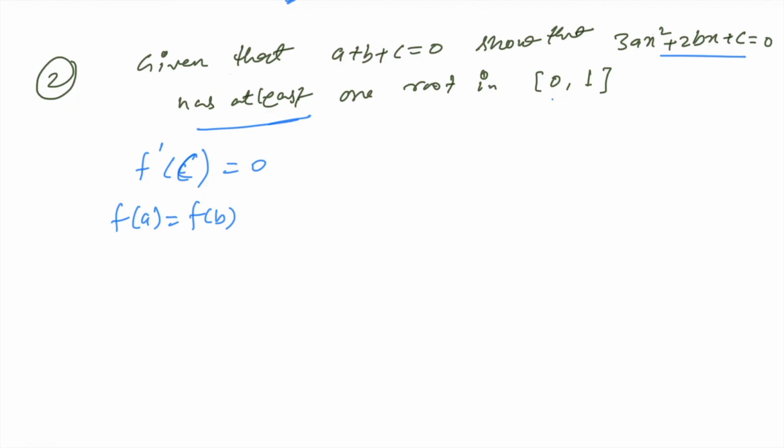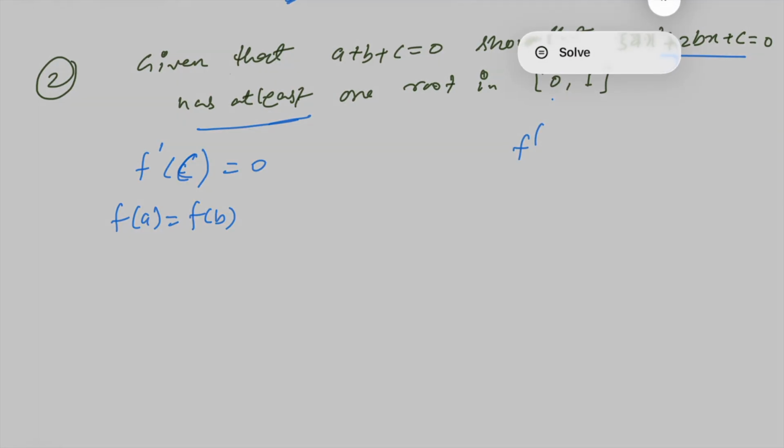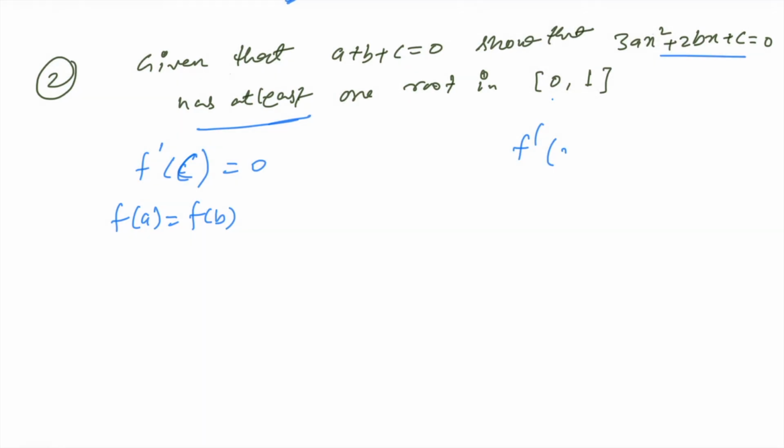Let's check this f prime c. f prime x, let's say this is 3ax square plus 2bx plus c is 0. So we'll get f(x) by integrating this function with respect to dx.